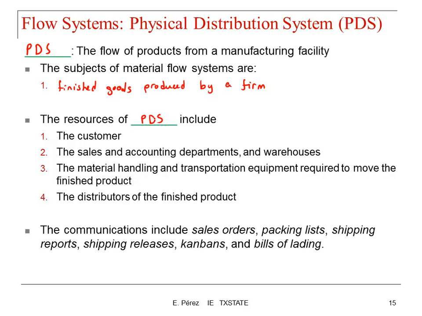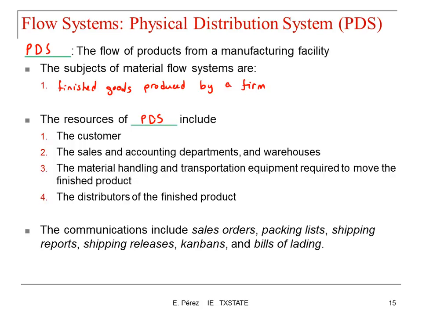And again, the communication includes sale orders, packing lists, shipping reports, shipping release, Kanbans, and bill of lading, which is basically once the product is arriving to the customer facility, you receive this bill of lading.